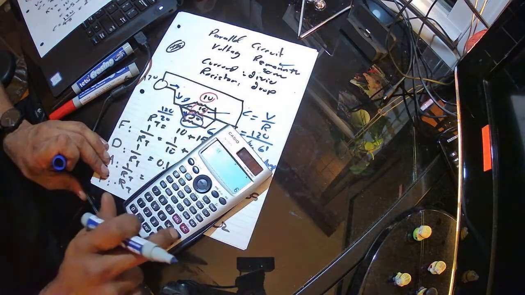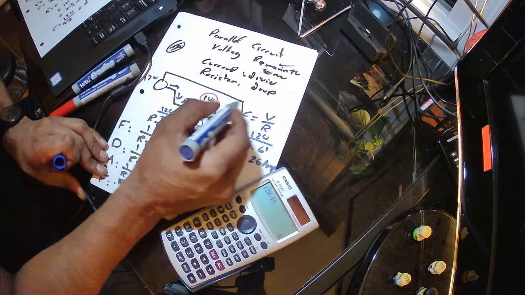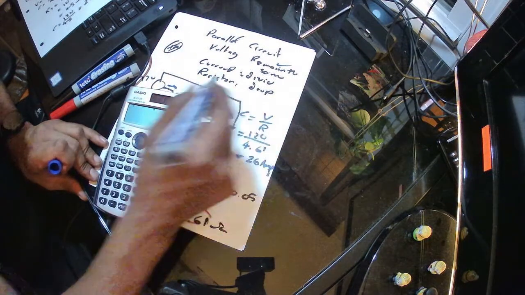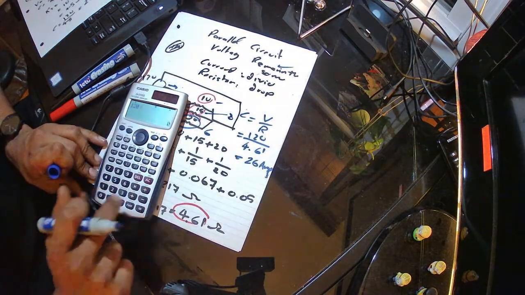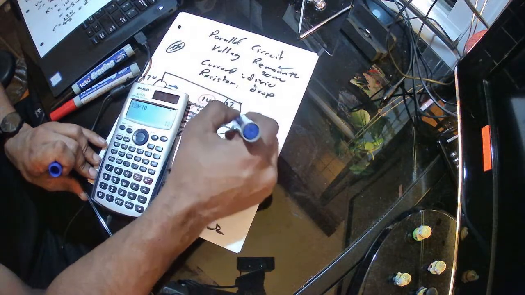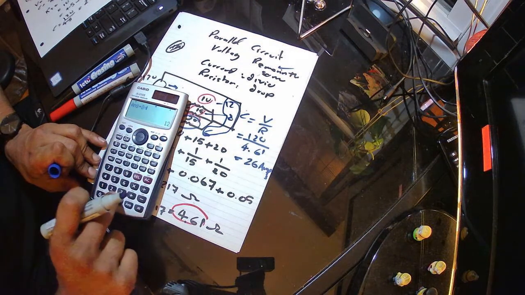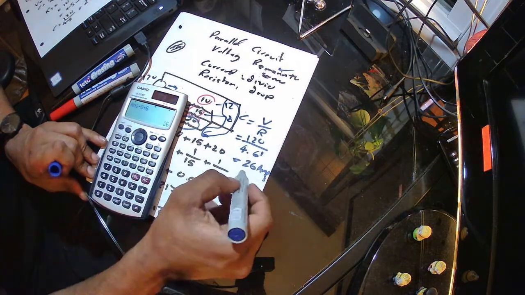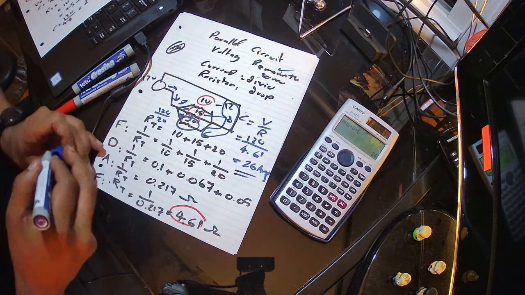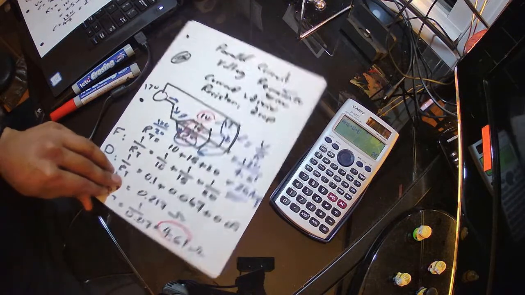That's 120 over 15. That's 8. And finally here, 120 over 10. That's 12. I add those three together: 12 plus 8 plus 6 should get 26 amps. See, the current has divided, to a total of 26 amps. Okay, hopefully that makes sense.